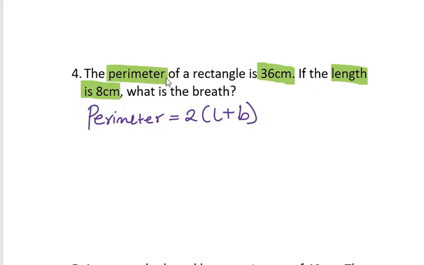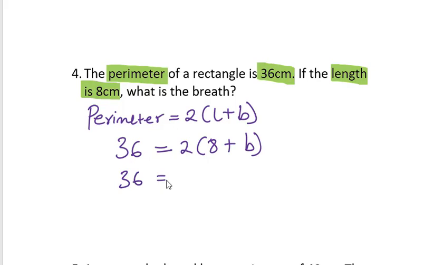Perimeter is 36, so you write 36 for perimeter, since they gave it to you. So 2 brackets, length is 8, so 8 for length plus breadth, which you don't know, so you cannot fix that.